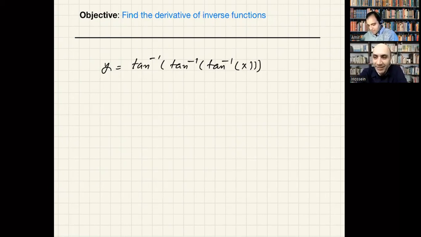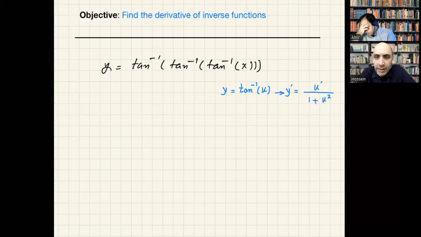Sure. Yes, we have arctangent of arctangent of x. On the side, I'm going to write the simple arctangent function. When y is equal to arctangent of u, then y prime, which is dy over dx, is u prime divided by 1 plus u squared.